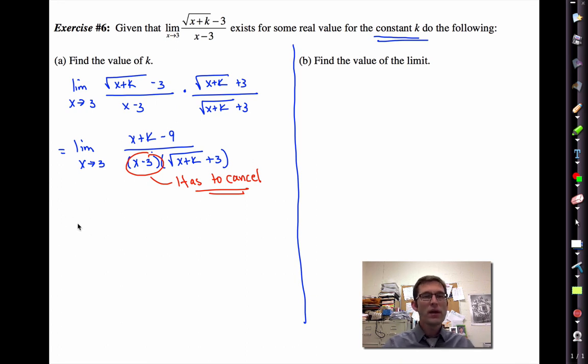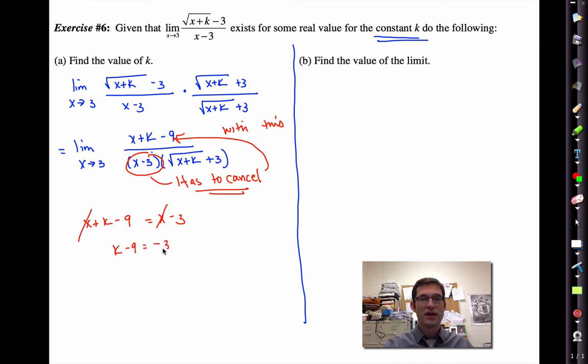And the only way it'll cancel is if x plus k minus 9 is equal to x minus 3. Right? That whole numerator has to cancel that x minus 3. Well, the x's are the same, so then k minus 9 must be negative 3, and k must be equal to 6. So the only way this limit exists is if k is equal to 6.